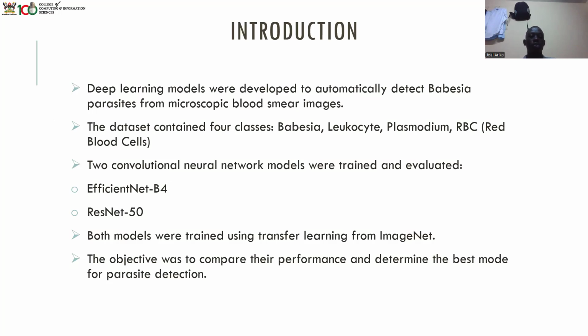I used two convolutional neural network models, trained with EfficientNet B4 and ResNet50. These models were trained using transfer learning from ImageNet. The objective was to compare their performance and see which one detects parasites most accurately.